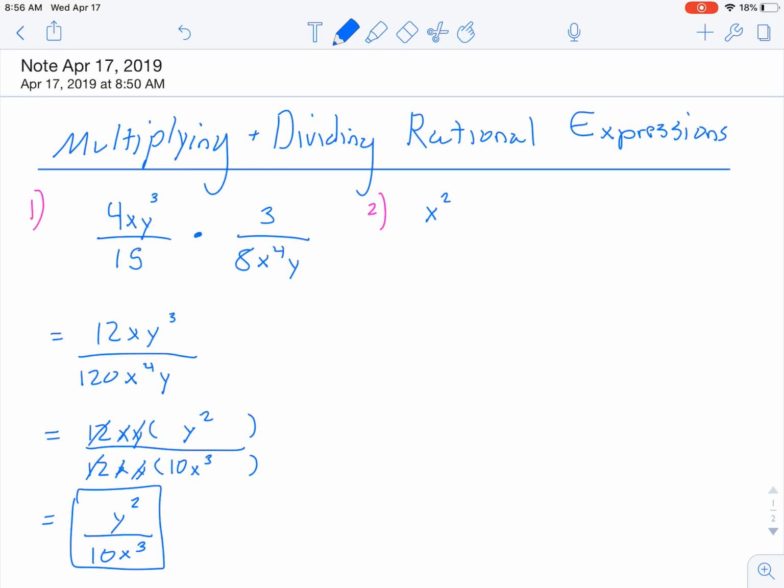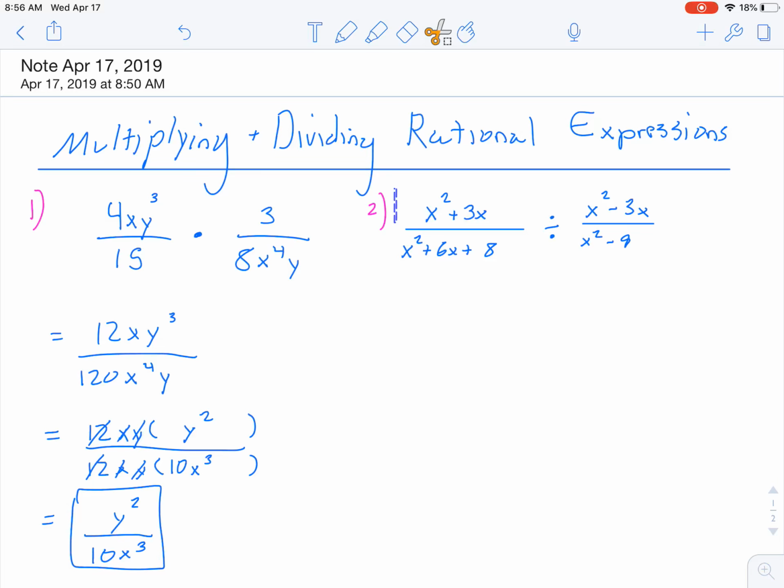X squared plus 3x over x squared plus 6x plus 8 divided by x squared minus 3x over x squared minus 9. So to divide, we copy dot flop.